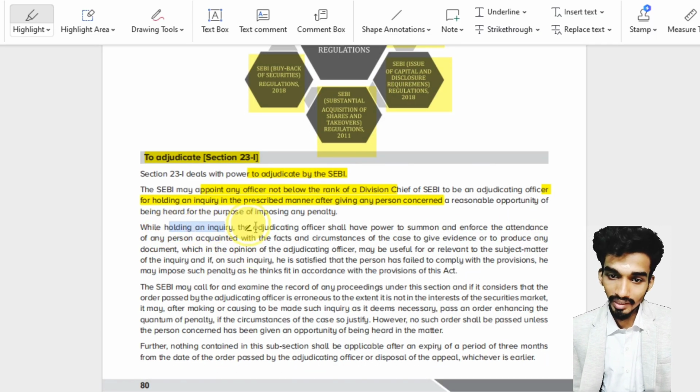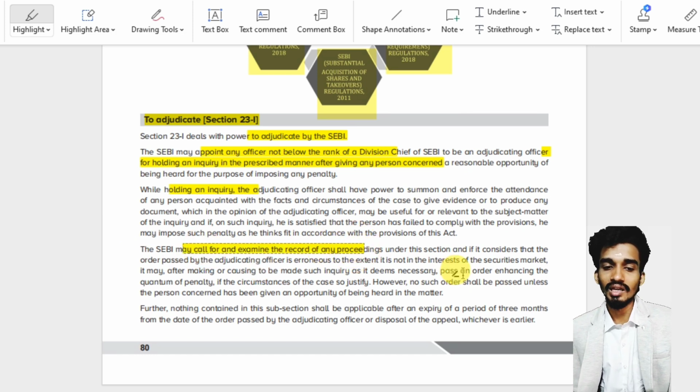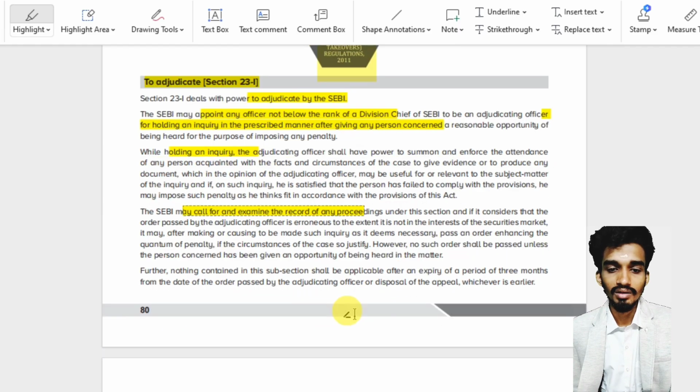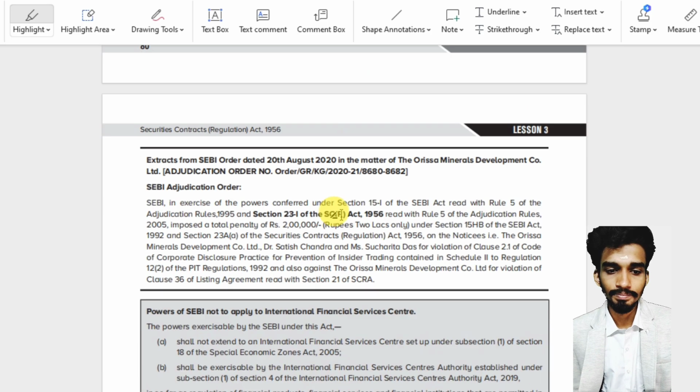They can make an inquiry, make a report, call for any information, and examine the records. So SEBI itself can act as an adjudicating authority.